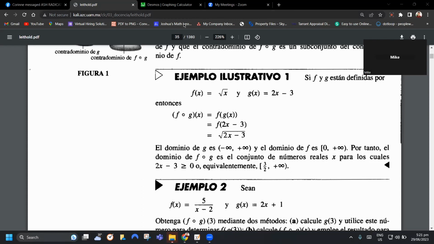So for the example here, what's g circle f? Write down an expression for that. Copy the example and then write down g circle f.